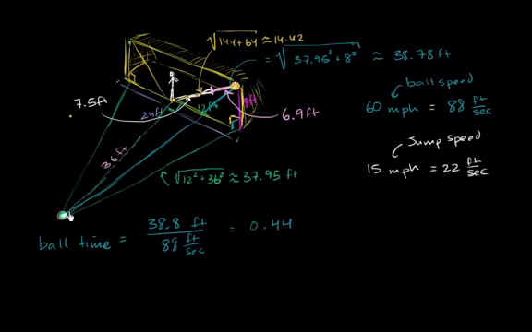A little under half of a second for this ball to reach there. Obviously, if the ball was going even faster, it would take even less time. If it was going slower, it would take a little more time.